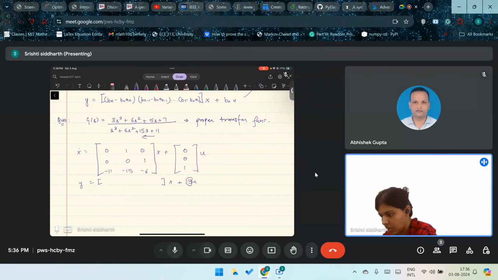So 3 because this is the coefficient of the highest part, and then you have a, b, c. So the question is to find the values of a, b, and c.